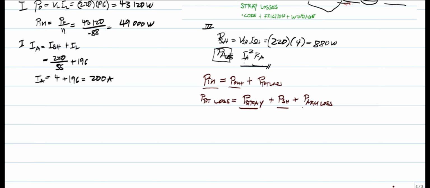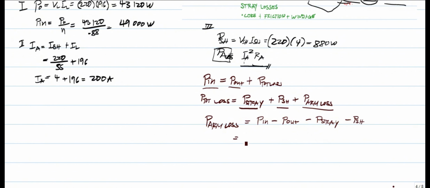Therefore, armature loss is equal to P in minus P out minus P stray minus PSH.